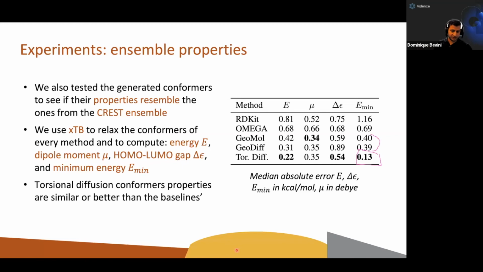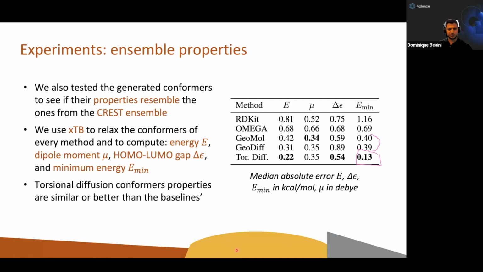So I think this is very, very important, because this is what really matters. You can generate 90% of the conformers that the Crest software gave you. If you don't generate the low energy one, it's really not worth it.